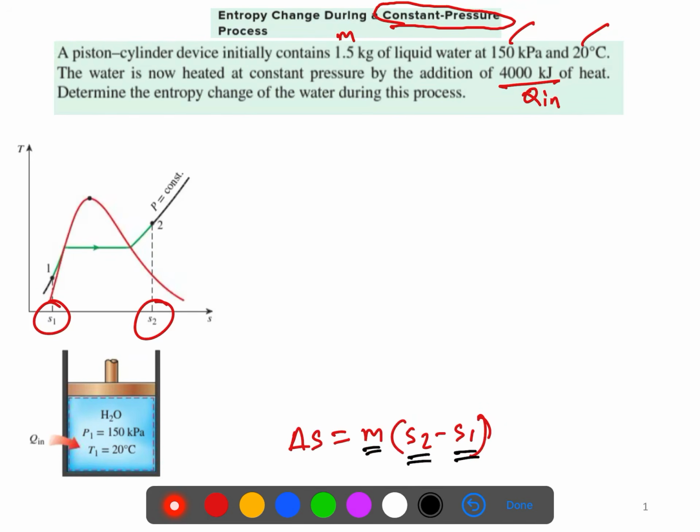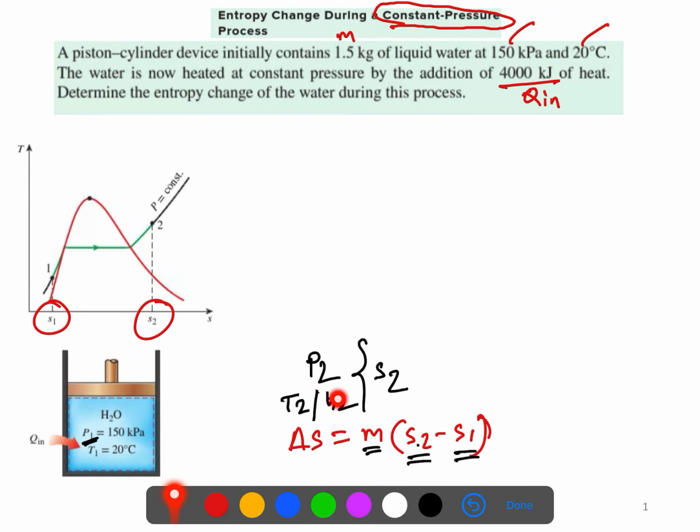We already know m. In order to calculate the entropy S2 for the final phase from the table, we need any two properties. Let's say we already know the pressure, so we need either the temperature or the enthalpy H2.